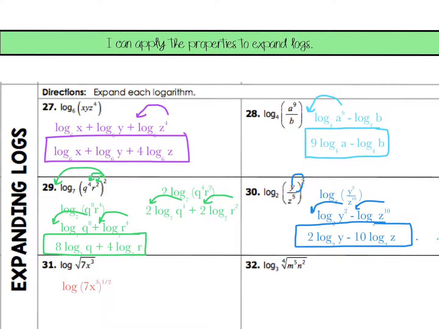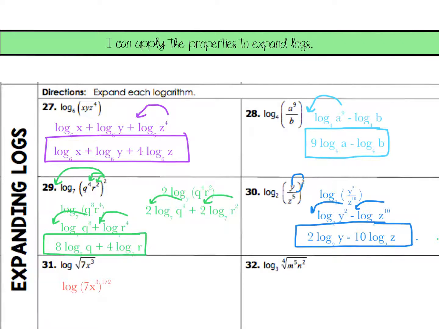All right, from there, you can either choose to solve it like this and put that 1/2 out in the front, and then take the half of the log of 7 plus half of the log of x to the third, or you can distribute that half right now. Now, if you distribute that half right now, you're going to have to do some work with fractions, which is up to you. But remember that when we distributed it, we multiplied.